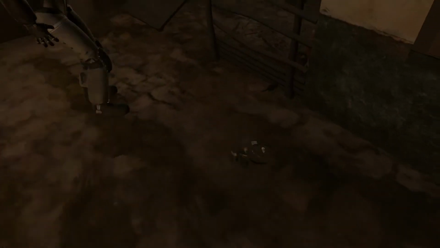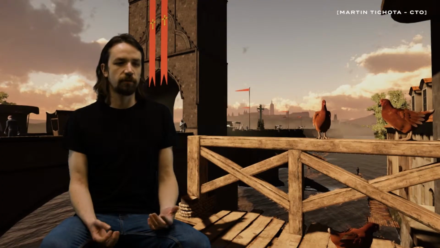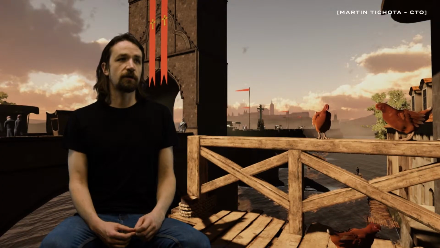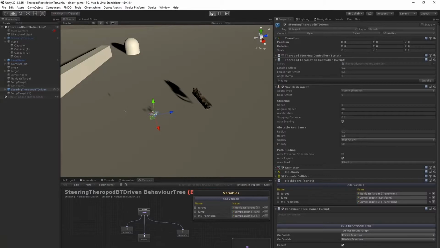This puzzle or interaction got created by coincidence and ended up to be one of the most successful ones we have implemented so far. It actually turned out to be a perfect example of an immersive VR interaction. The implementation is fairly simple.